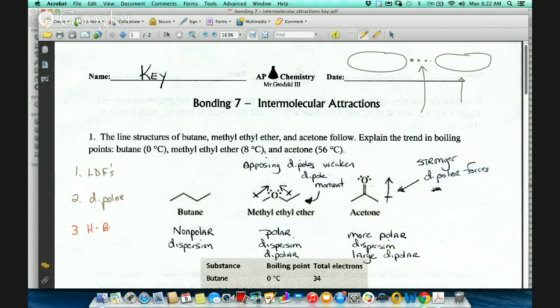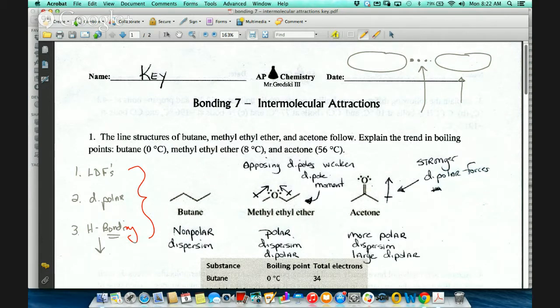Although bonding's in the word, we should all know that's really an attractive force. It's one of the strongest attractive forces because we're dealing with something called an electron deficient hydrogen, which is essentially a proton. Now, when we evaluate these types of attractive forces in our covalent compounds, London dispersion forces generally are the weakest, dipolar are second, and hydrogen bonding is the strongest.